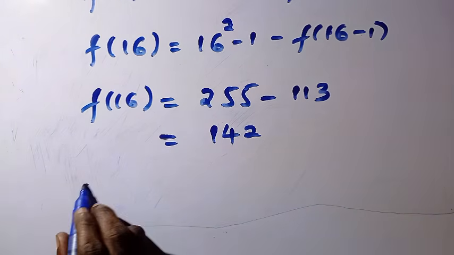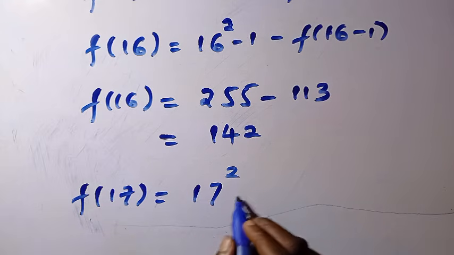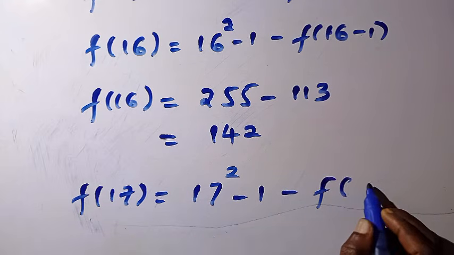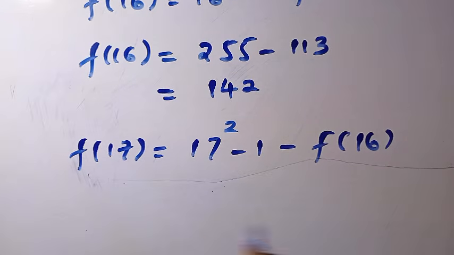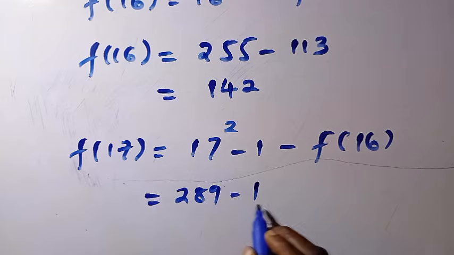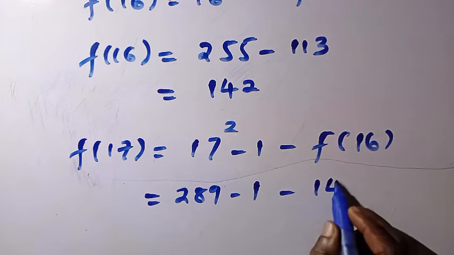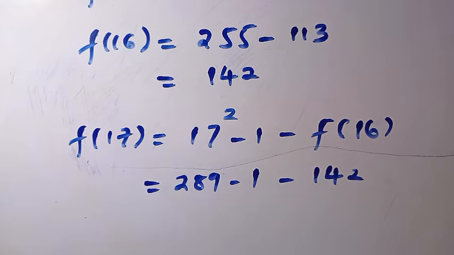And again, let's test for f of 17. If x equals 17, we have f of 17 equals 17 squared minus 1 minus f of 16. Then in the next step, we have 17 squared, that gives us 289, minus 1, minus 142, which is f of 16.